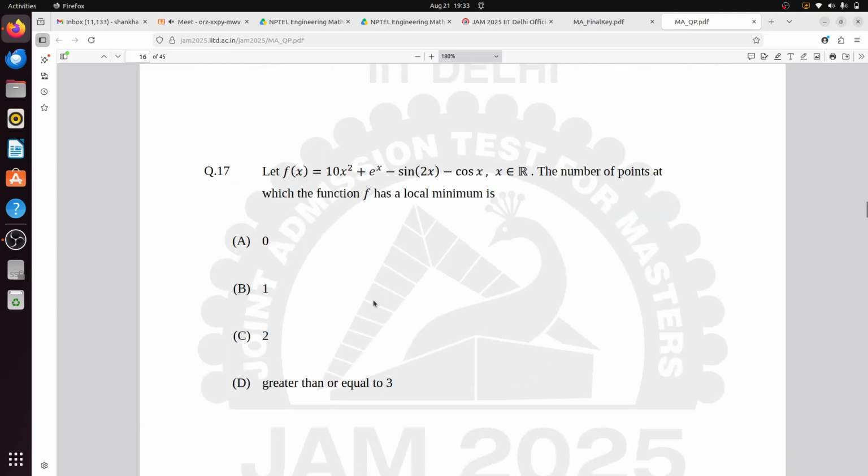Let f(x) = 10x² + eˣ − sin 2x − cos x, x belongs to R. The number of points at which the function f has a local minimum. How will the local minimum come?